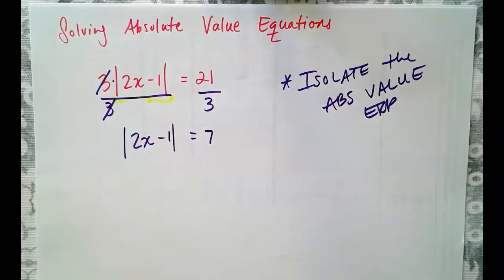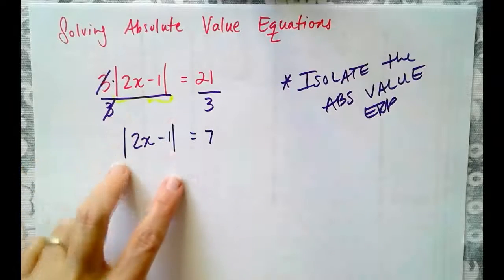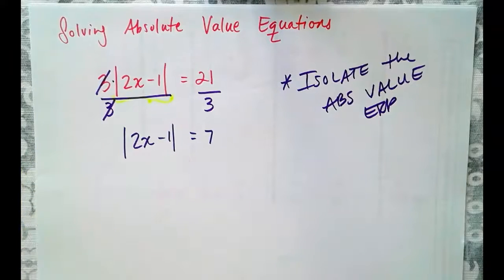So consider the definition of absolute value. How far a number is from 0 on the number line. So in our problem, we have 2x minus 1 in the absolute value bars is equal to 7.